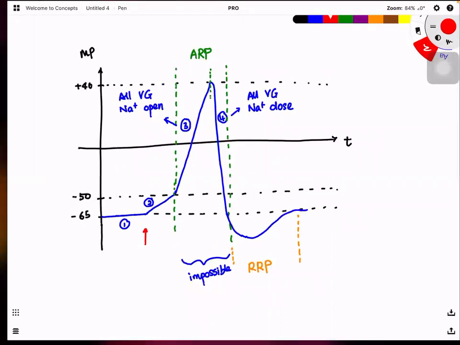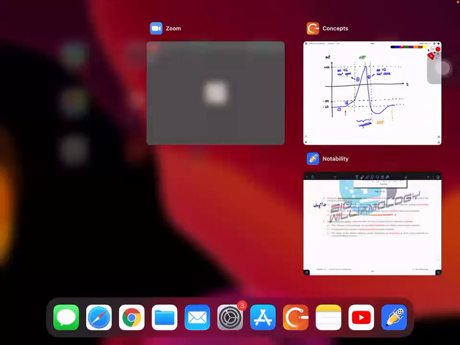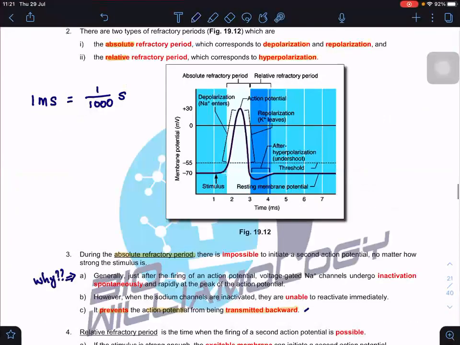Now come back to this. If you look at the duration of times here, the duration between the rapid depolarization and repolarization is fixed, roughly about 1 millisecond.